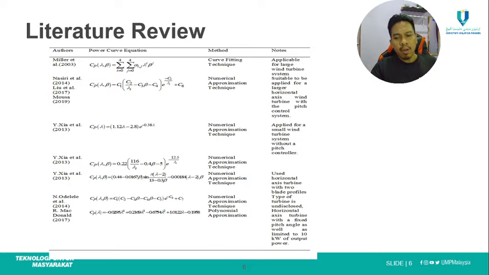Based on the literature review, there are a lot of studies regarding the power curve equation, especially in wind energy conversion systems. As can be seen here, there are a lot of power curve model equations because each turbine has its own characteristic, depending on the sizing, the number of blades, and the type of airfoil.